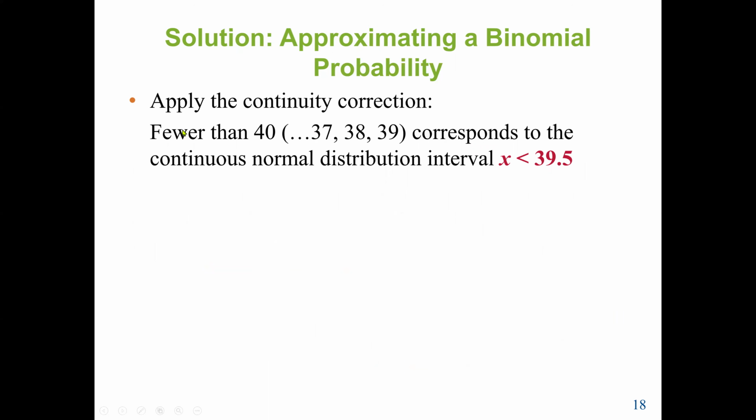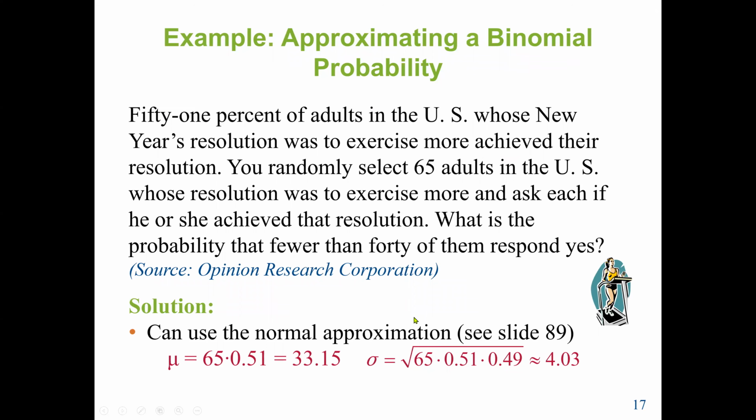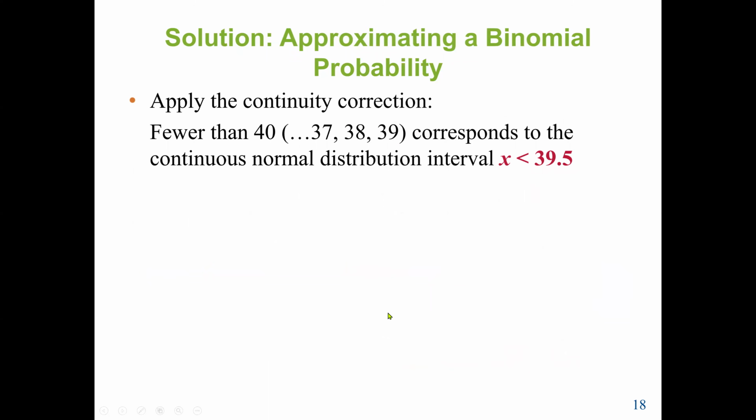Now, we apply the continuity correction because, based on the question, they ask what is the probability that fewer than 40. So we are looking at the probability that X is less than 40, not less than or equal, but fewer than 40. So we use our continuity correction.